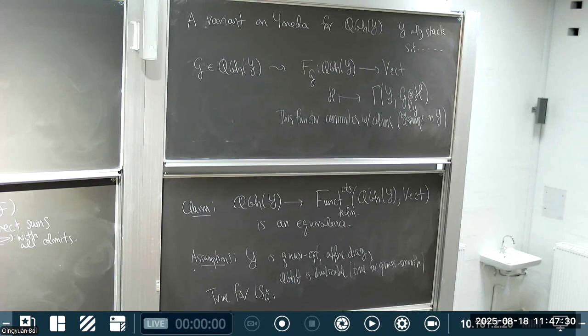It's known that if the structure sheaf of Y is bounded, if Y is eventually coconnective, then QCoh of Y is dualizable. That's what Drinfeld and Gaitsgory proved. But it's not known whether it's always compactly generated. Yes, absolutely. If it's dualizable, it will automatically be self-dual. What I did is write down a pairing between QCoh of Y and itself into Vect, and I'm saying that that's a self-duality. Other questions?